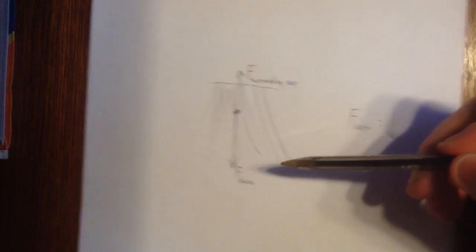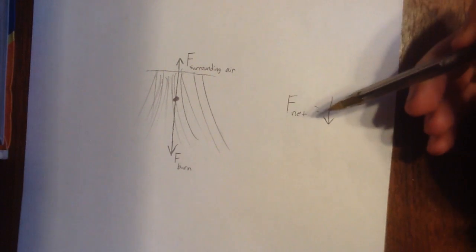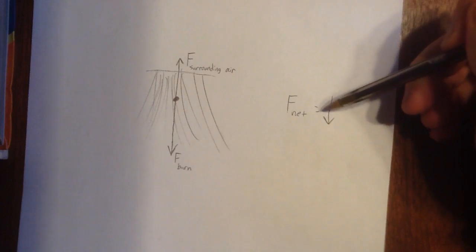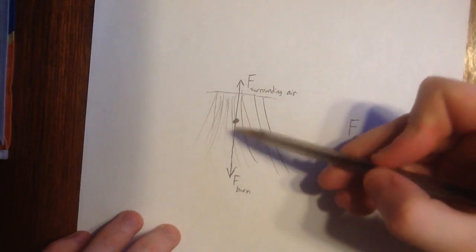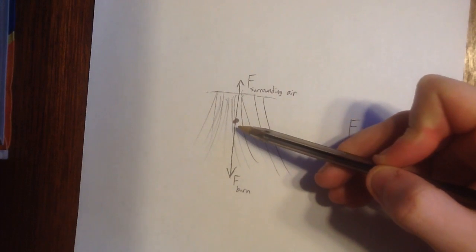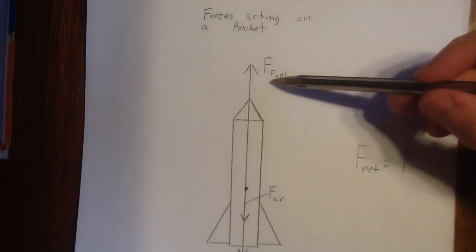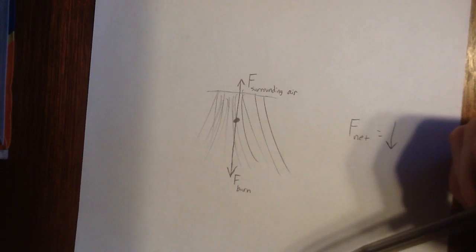And so as we can see from the launch, all the gases come out the bottom, so the net force for the gas is down. This is the equal and opposite force to the force of fuel on the rocket, shown here. These two are the equal and opposite reaction.